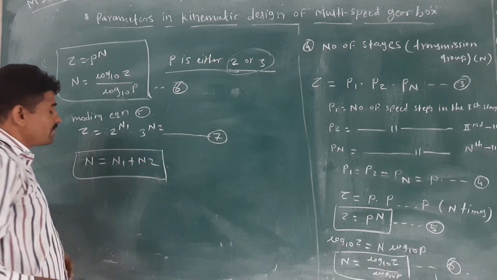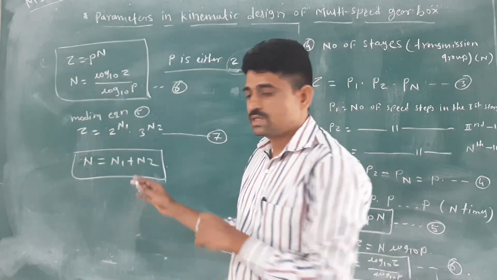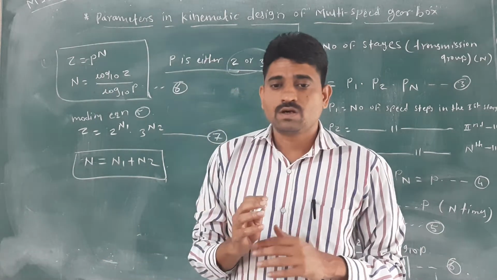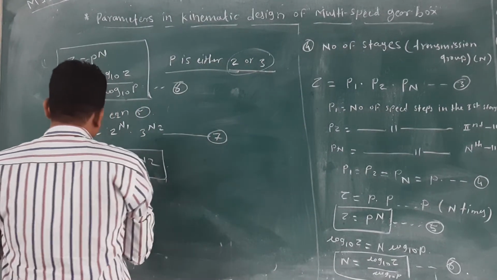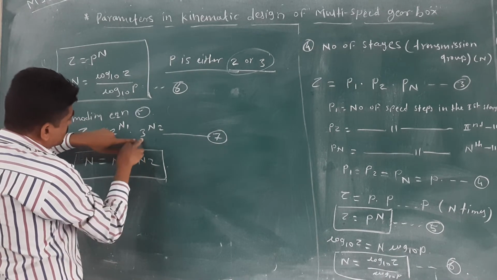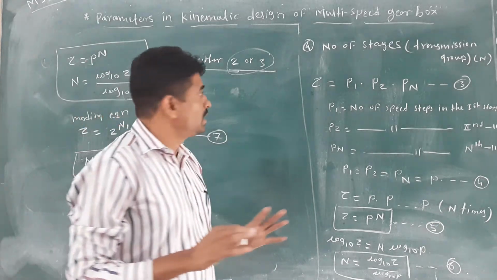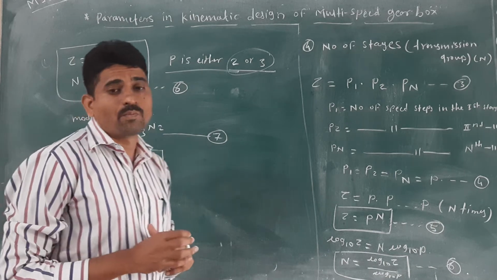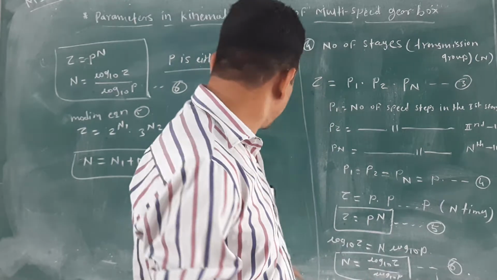Remember that. n1 is the number of stages with 2 speed steps, and n2 is the number of stages with 3 speed steps. All of you getting? This parameter we require before going on to the design of a multi-speed gearbox.